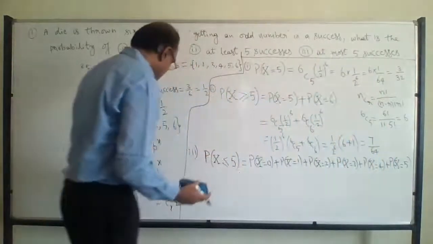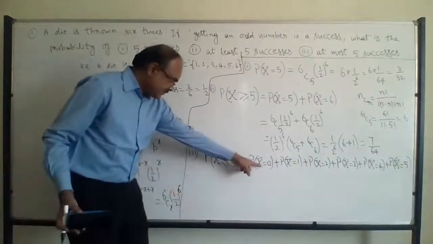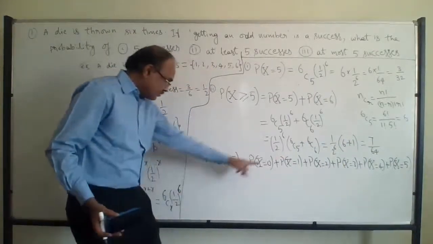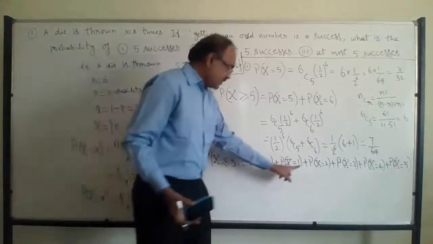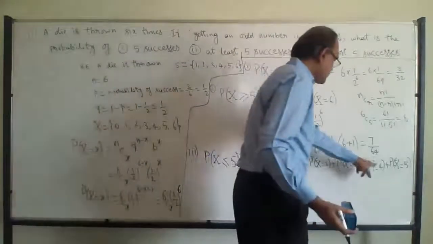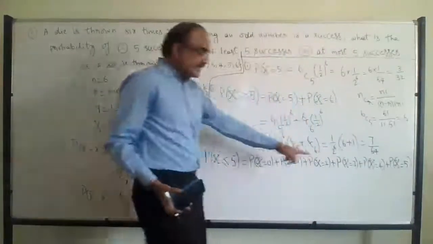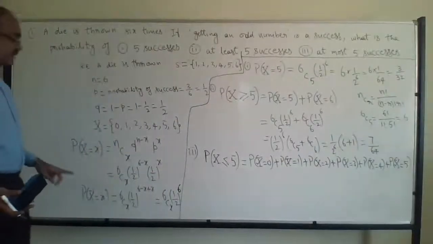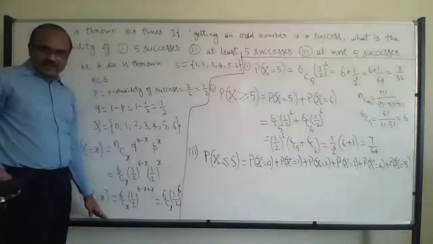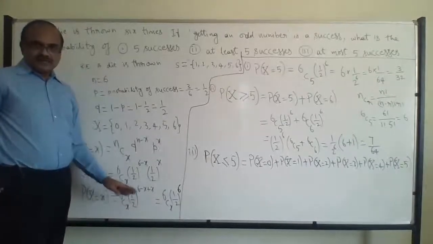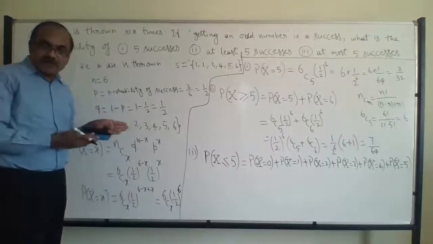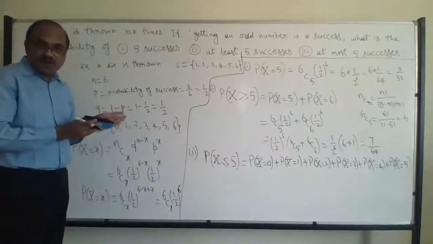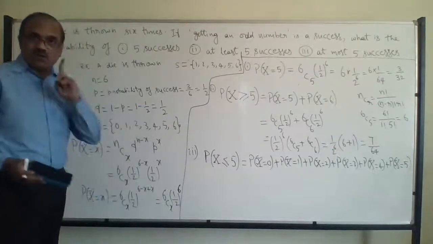So basically in place of X you put 6C0, 6C1, 6C2, 6C3, 6C4, 6C5. There is one smart way if you remember. This is basically a random variable. In the random variable probability distribution, the sum of all its probabilities is what? 1.